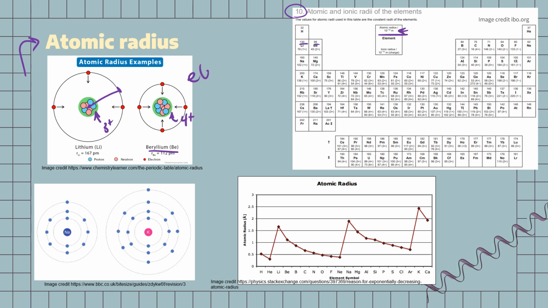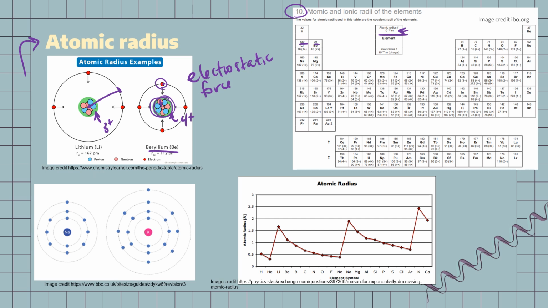There is an electrostatic force of attraction between the protons in the nucleus and those electrons. Protons are positively charged. Electrons are negatively charged. They attract each other. The more protons there are, the stronger is that force of attraction on the electrons.